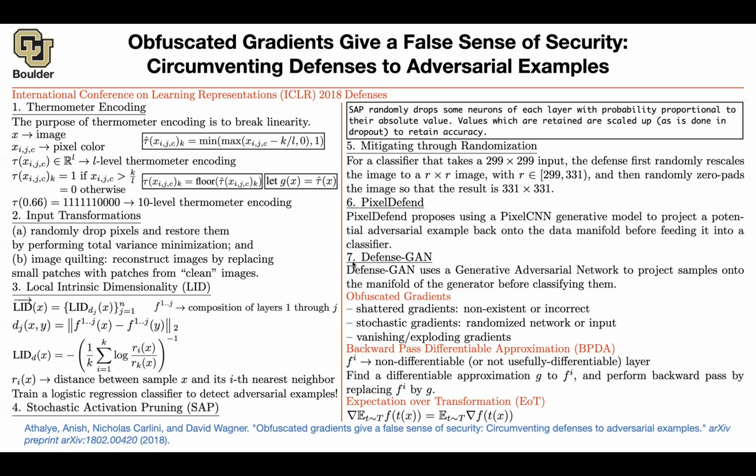For this other one, 6 and 7, you're going to do the same thing, similar to what we did here with backward pass differentiable approximation. You're just going to approximate what the neural network is doing. If there are some nonlinearities because of those projections onto the data manifold, you can just remove them. Don't project. Like here, don't do the floor operation. And then you can do a reparameterization to deal with the vanishing and exploding gradients.